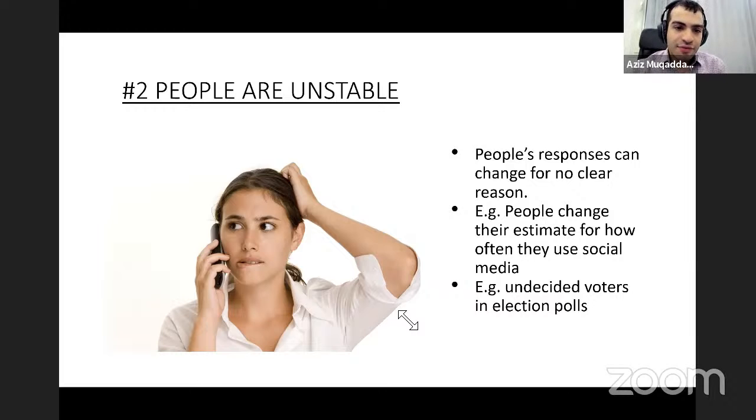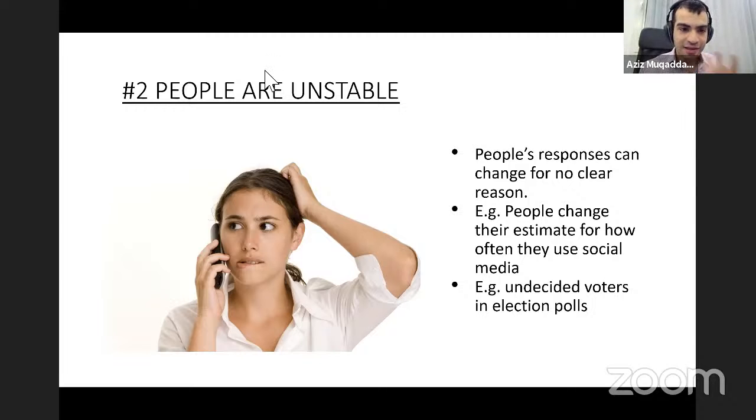That could be affected by this week being highly engaged with social media, so you feel that you use it a lot and answer that you use it very frequently. Then in another week you stayed away from social media, so you estimate that your average use is pretty low, but your average use could be somewhere in between, on average. So people have a hard time telling you what they actually do.